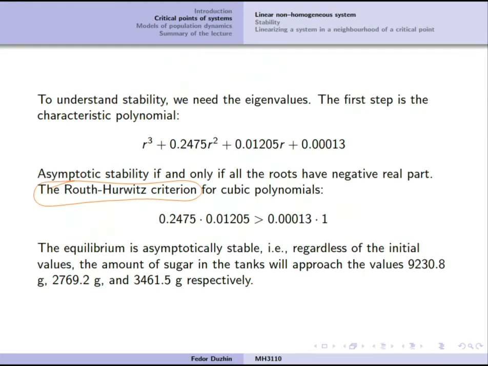You can Google it up. I don't want to go into details. So let me just tell you that for a cubic polynomial, we would have to do this. That's the only thing. And if the product of this and this is bigger than the product of this and this, then all the roots have negative real part, and the equilibrium is actually asymptotically stable.